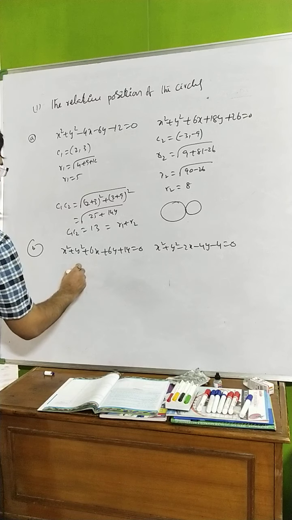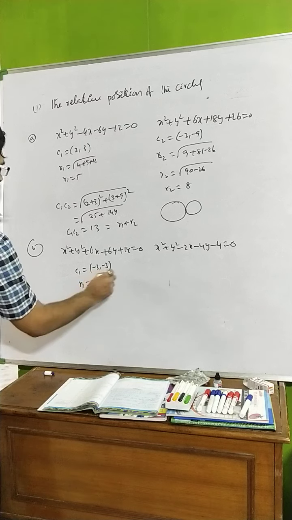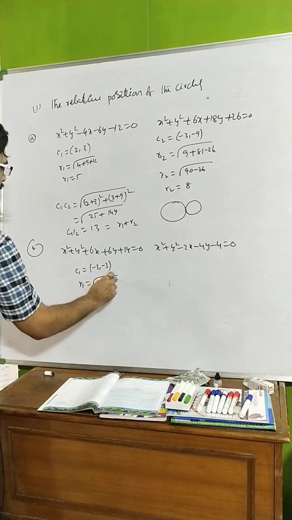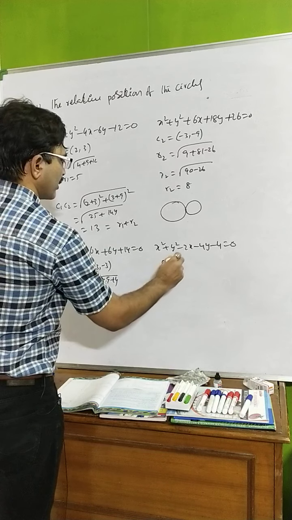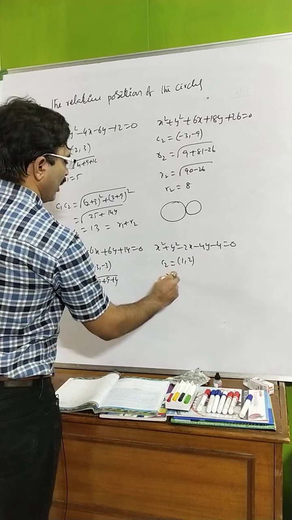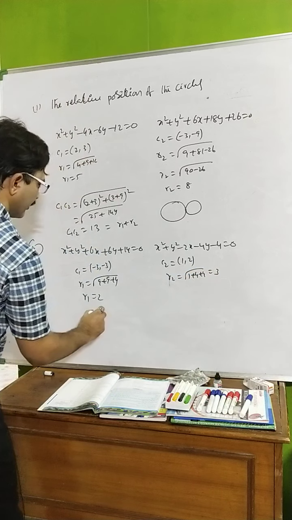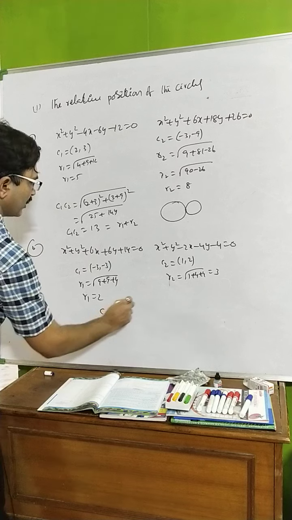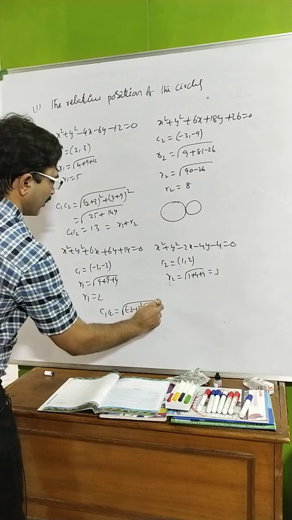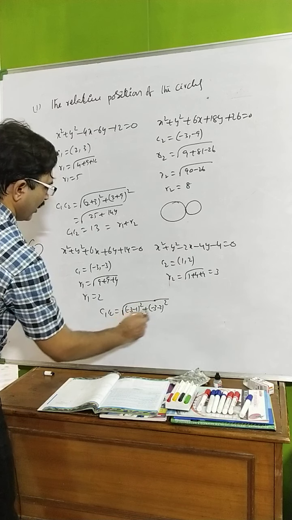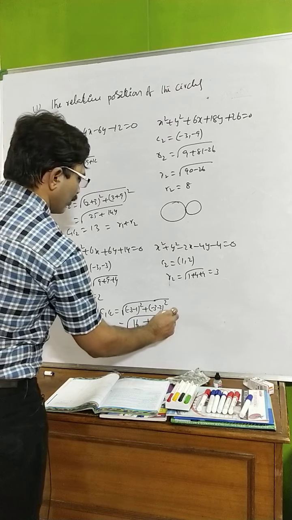Whereas in this case, C1 is equal to (-3, -3). R1 is equal to the square root of 9 plus 9 minus 14. So R1 is equal to what? 2 over here. C2 in this case is (1, 2). R2 is in this case the square root of 1 plus 4 plus 4, that is 3. Now you see here, C1C2 is like this: the square root of (-3 minus 1) whole square plus (-3 minus 2) whole square. That is the square root of 16 plus 25, root 41 we got.